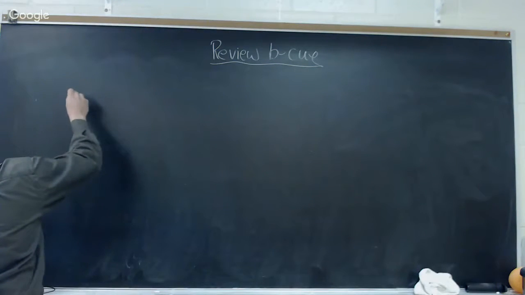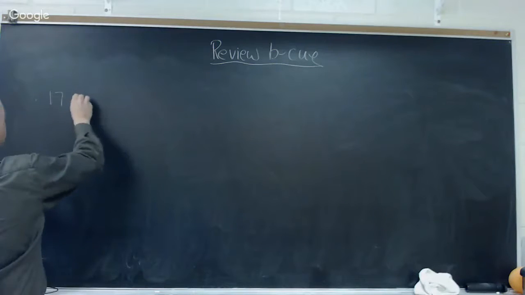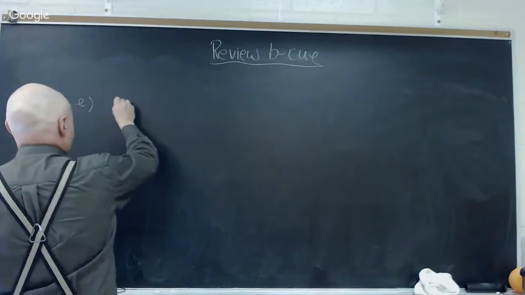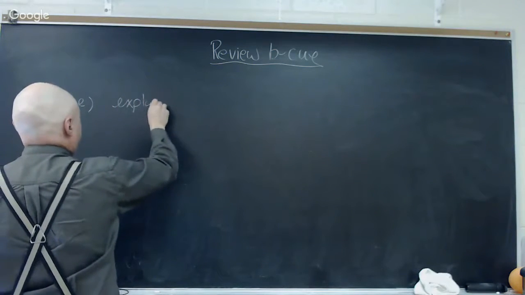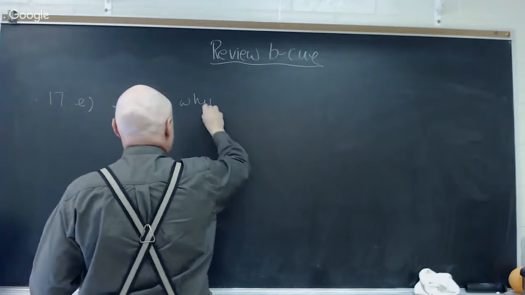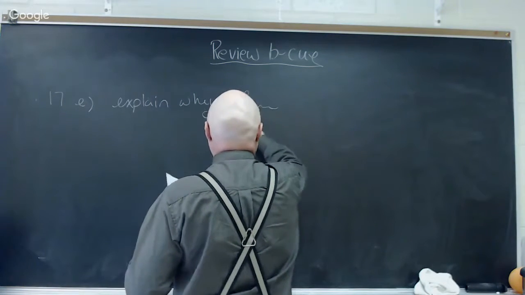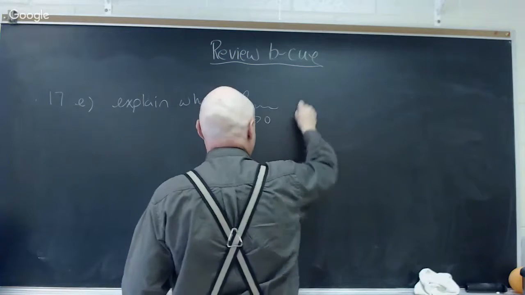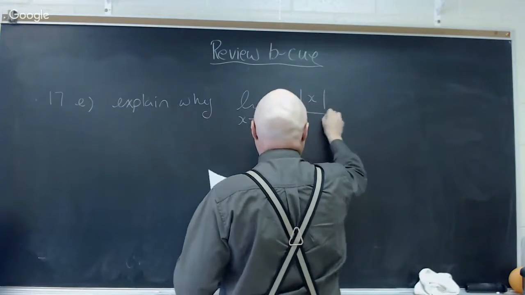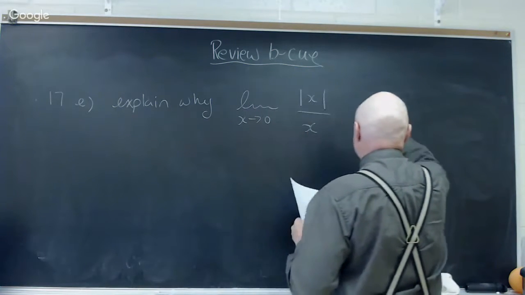And so the actual question is, explain why the limit as x approaches 0 of the absolute value of x over x does not exist.